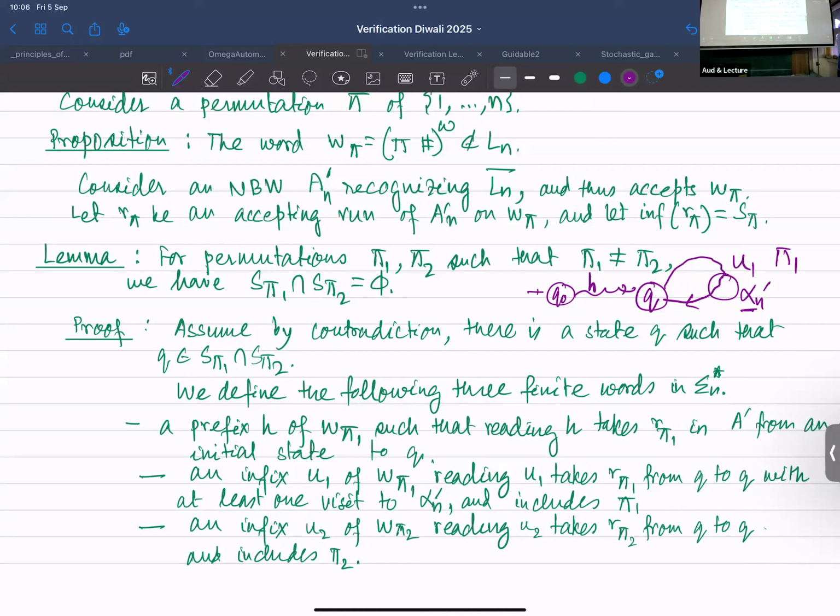Why should such a U1 exist? Q is a state which belongs to the infinity set of the run of pi 1 as well as of pi 2. I can have a finite word which starts from Q and comes back to Q by visiting one of the accepting states, and it also contains the entire permutation pi 1.